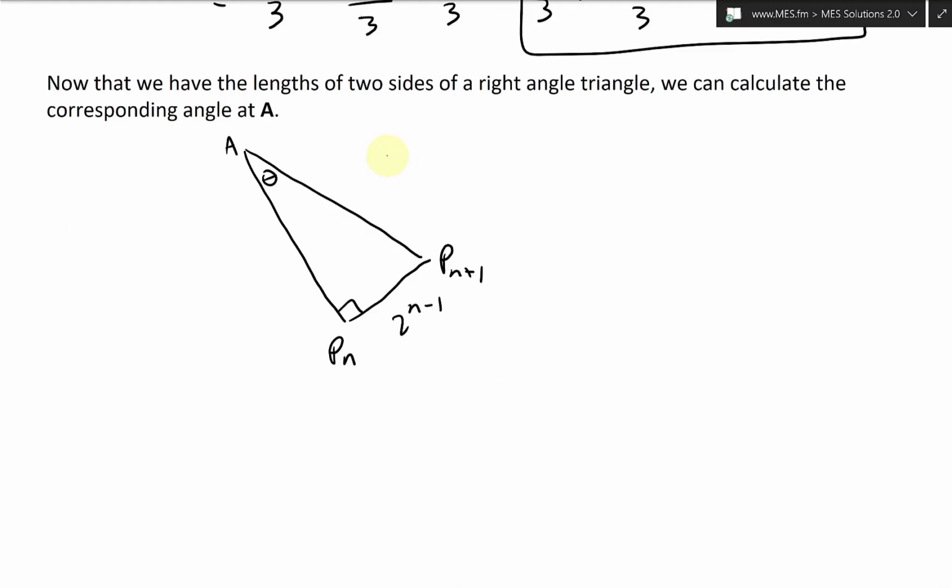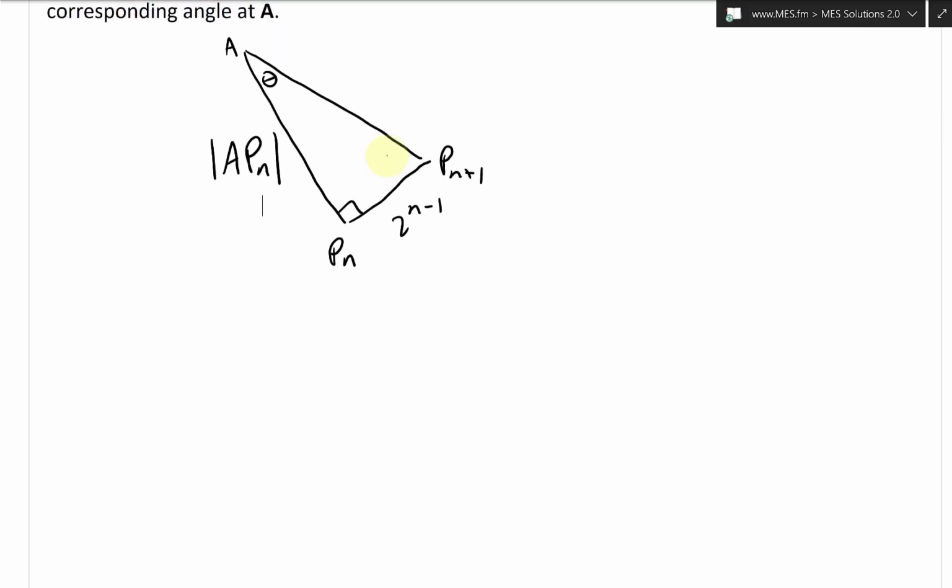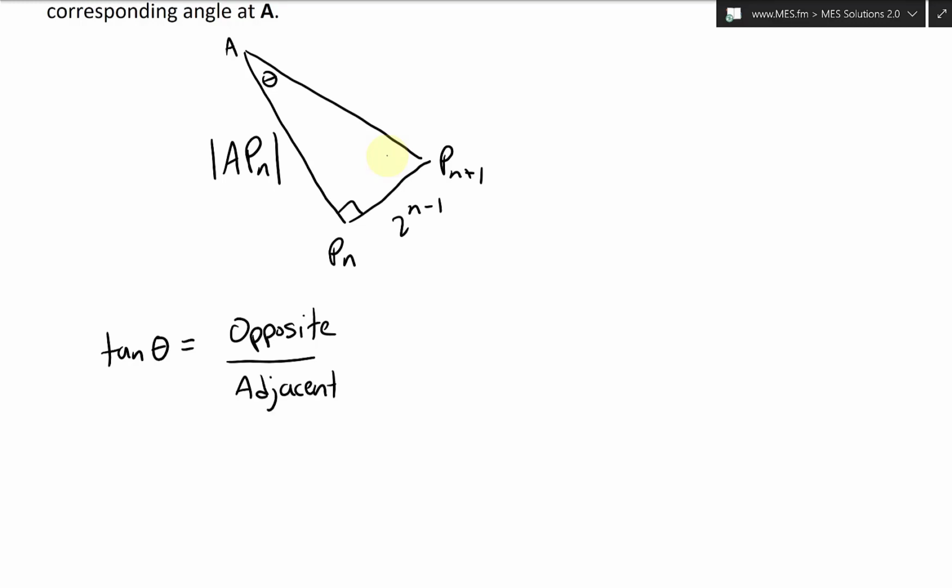And this is our APn distance. All right, so now we know the tangent. Recall tan theta is equal to opposite over adjacent, where the adjacent is the close side and the opposite is the opposite side.